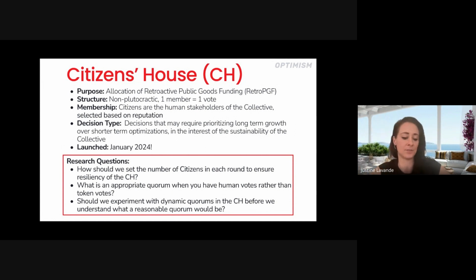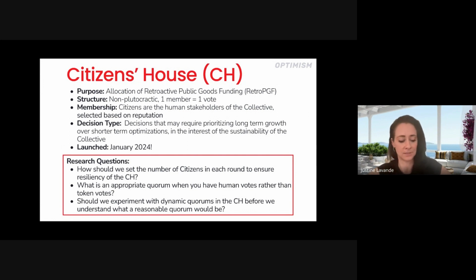Basically, there was the initial set of people that did this first experiment, which was suggested by Vitalik. And then those people for the second round were able to extend a badge, what we call the right to vote in the Citizens House, to one person, and it's expanded using this web of trust model to date.